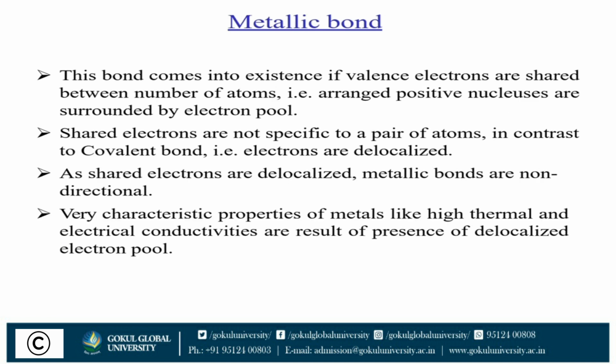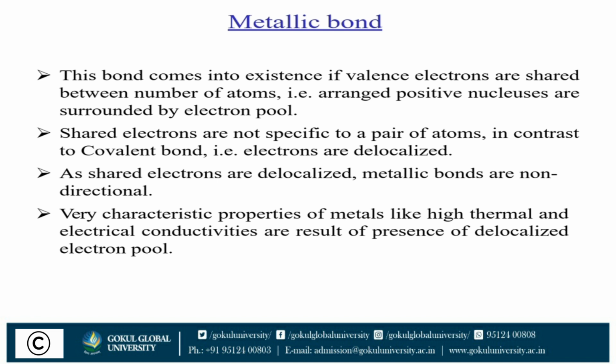Metallic bond. A metallic bond is also a primary type of bond. This bond comes to exist when electrons are shared between a number of atoms. That means the arranged positive nuclei are surrounded by an electron pool. The shared electrons are not specific to a pair of atoms, in contrast to a covalent bond.